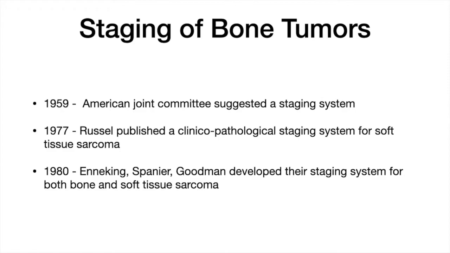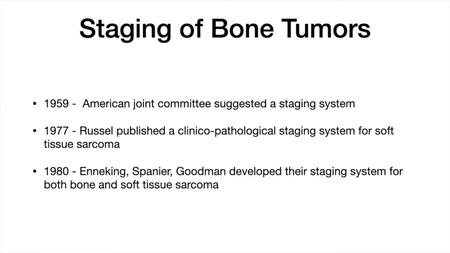Then this was a classification of the bone tumor. Once we know the classification, we know the type of the tumor that the patient has. Now we need to stage the bone tumors. The first attempt to stage the bone tumor was made in 1959 by AJCC. Then in 1977, Russell published a clinico-pathological staging system for soft tissue sarcomas.